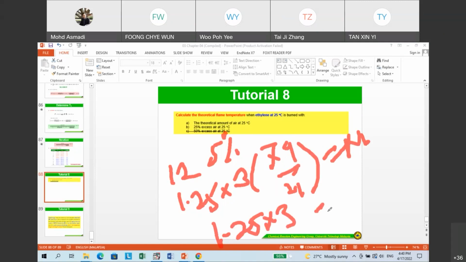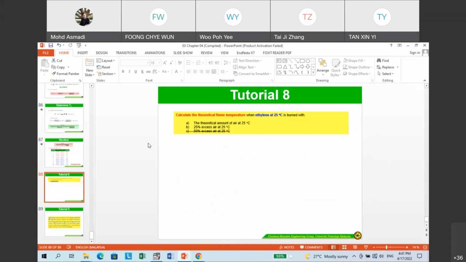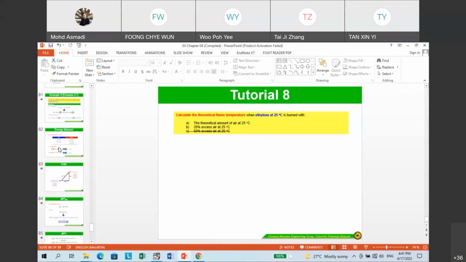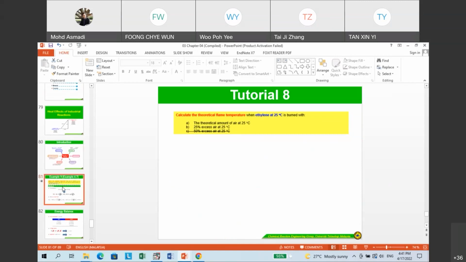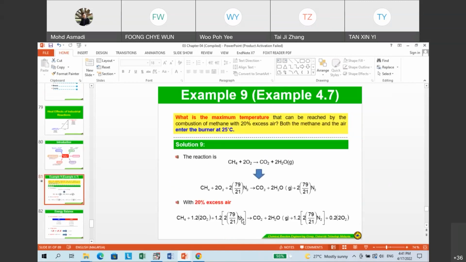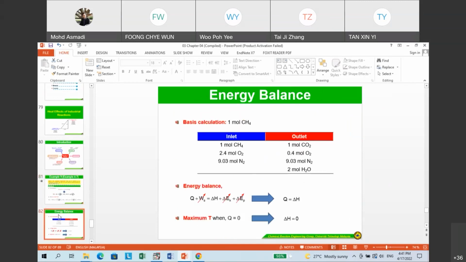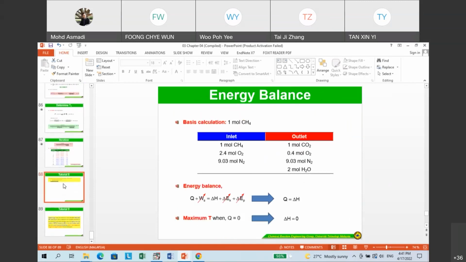Okay, so you can get 3.75. Okay, this one is 14. Okay, and the rest is the same. So just follow like this one. Okay, this one oxygen, this one oxygen and nitrogen. Okay, is it clear this one?